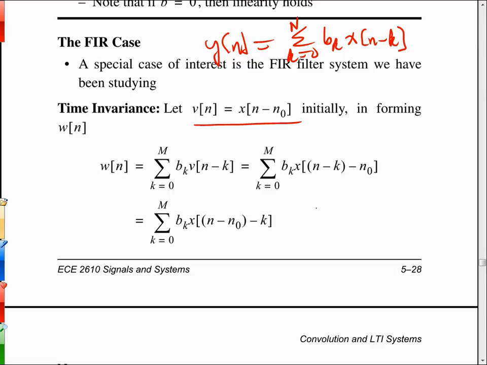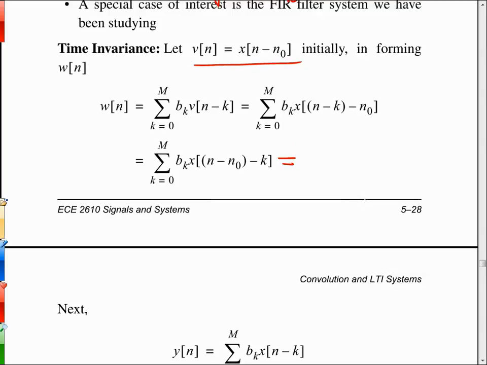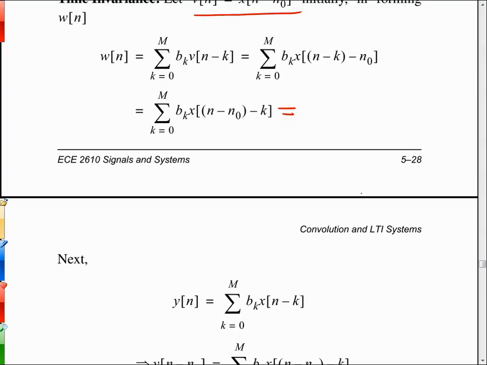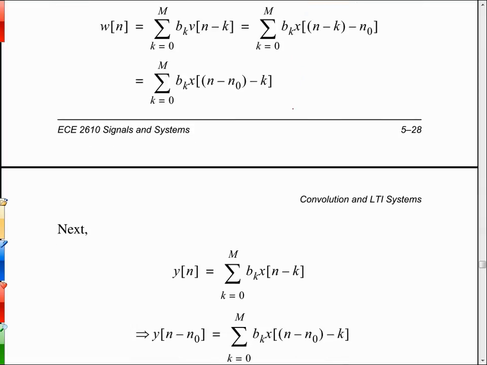So when I rearrange it, I have n minus n naught minus k, and then I can see that this just looks like, I don't think I did this on the next line. I guess I did. Never mind. So that's w of n. I was going to skip a step, but I have the next step in here. So that's w of n, and then the next part of the time invariance proof was to drive the input in on time and form y of n, and then take y of n and delay it by n naught samples.